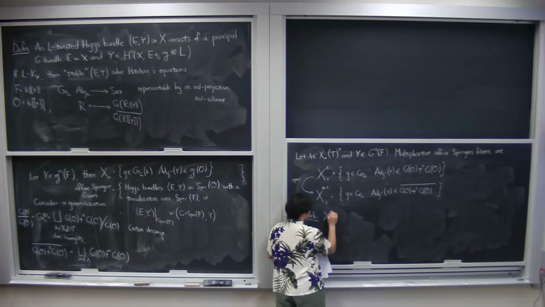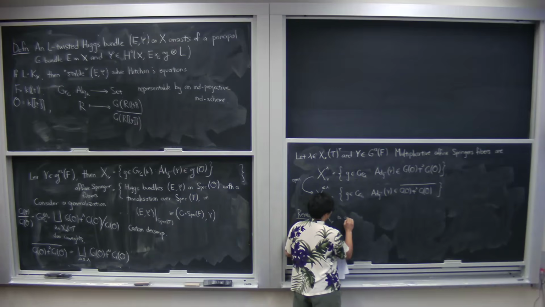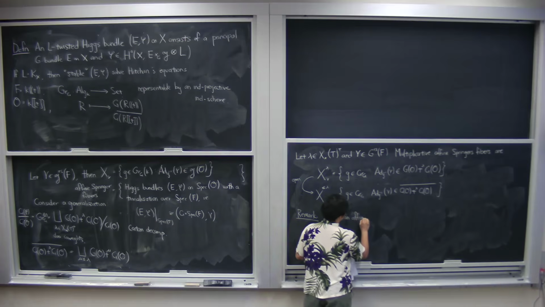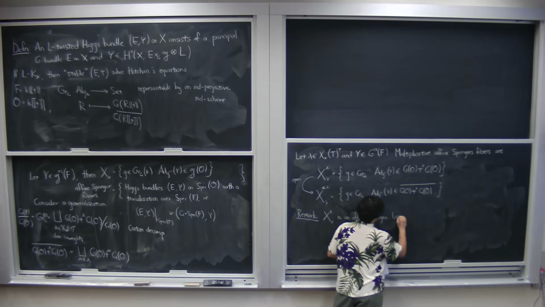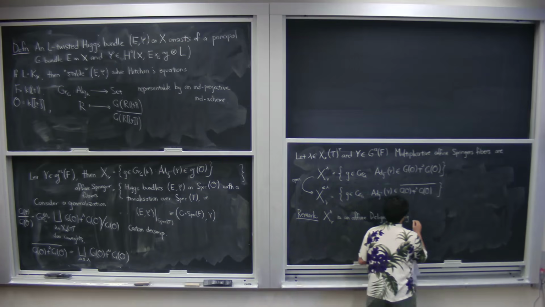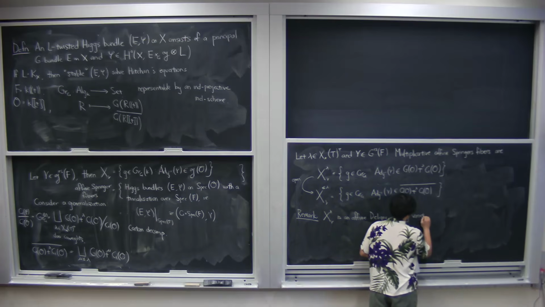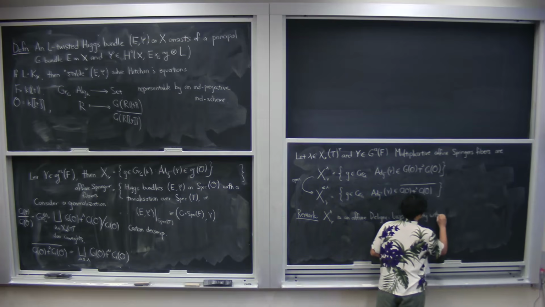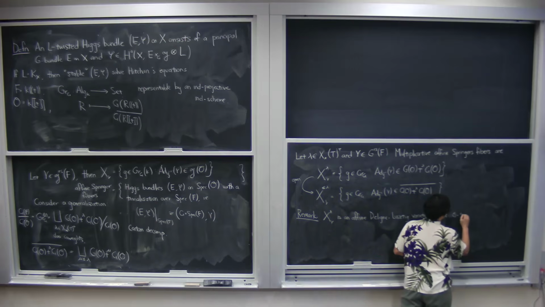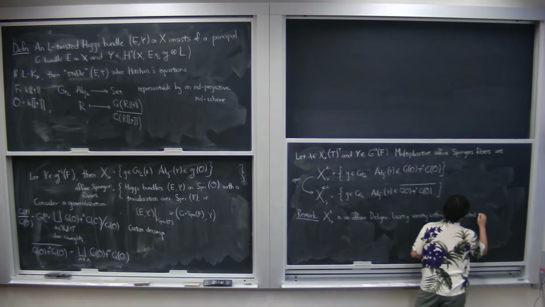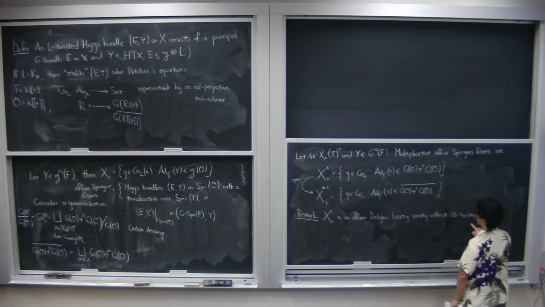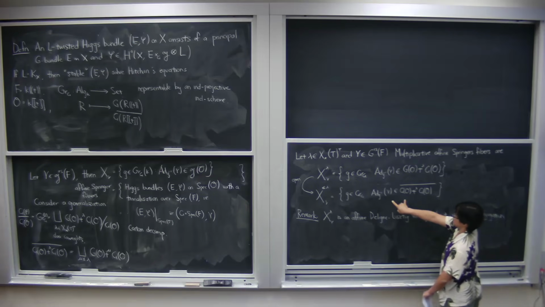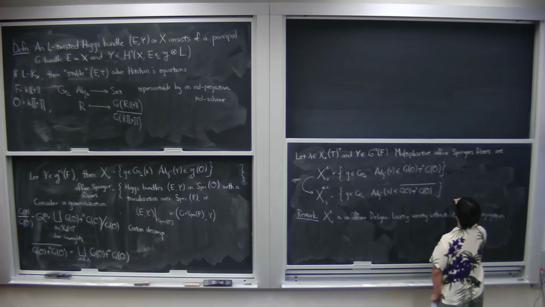X_lambda(gamma) in particular is what people would call an affine Deligne-Lusztig variety, but without the sigma-twisted conjugation, where sigma is the Frobenius endomorphism. In the affine Deligne-Lusztig variety, it's the same definition, except your conjugation is g inverse gamma sigma(g).